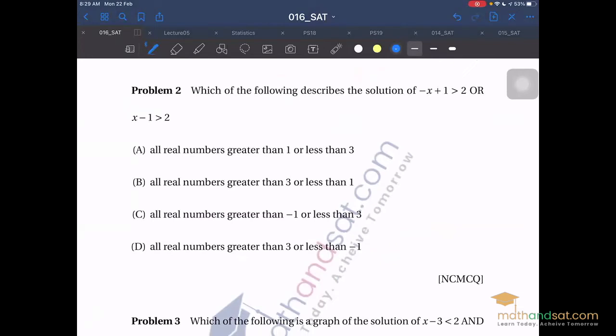For the first, minus x plus 1 greater than 2, take x to the other side and 2 to this side. So 1 minus 2 is greater than x, minus 1 is greater than x. So x is less than minus 1.